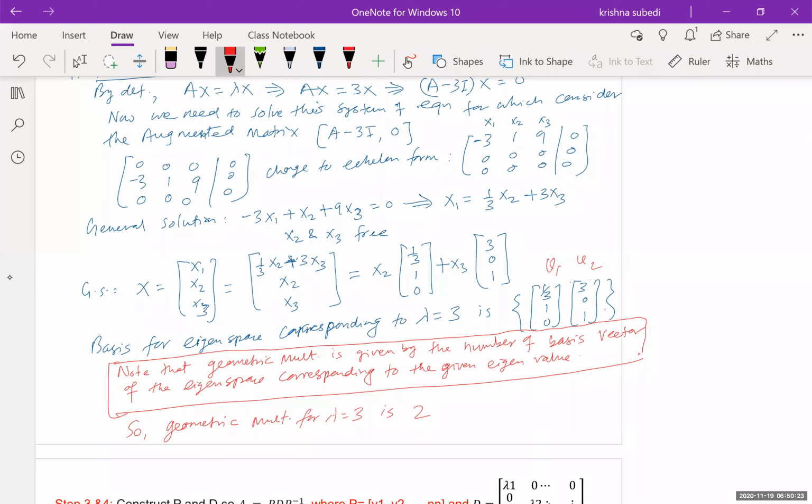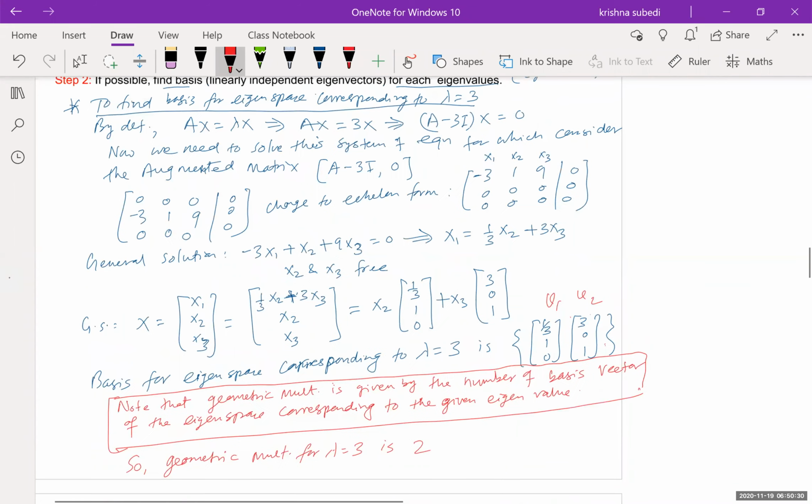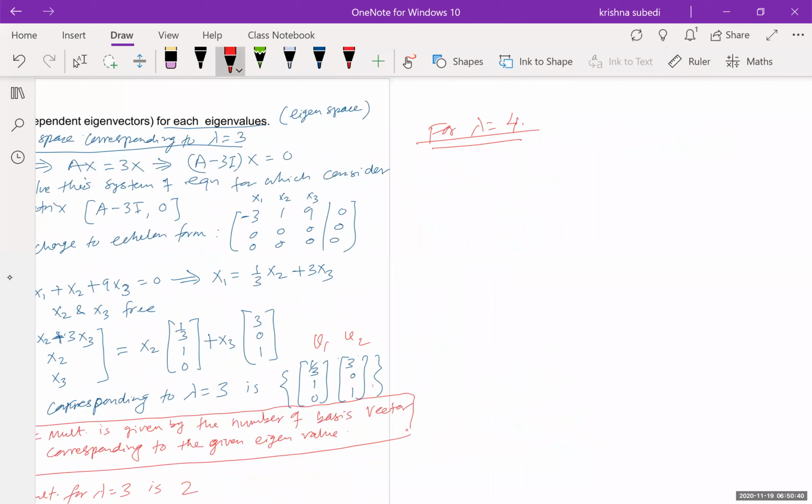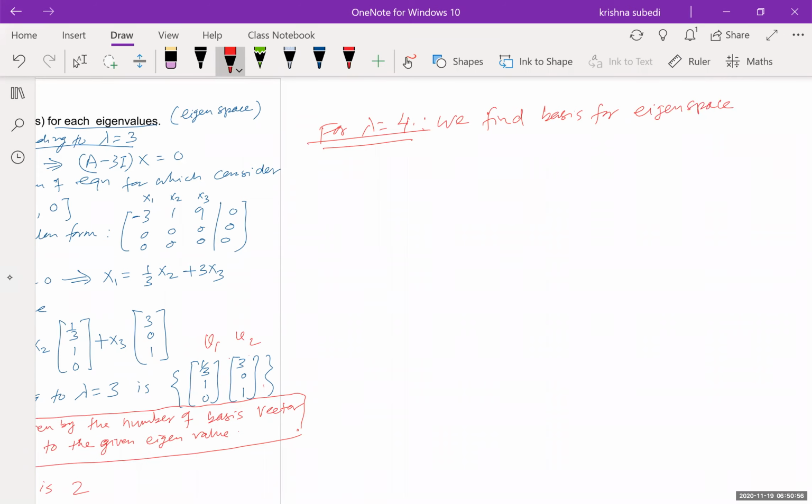Now let's look at the geometric multiplicity, or basis, for lambda equals 4, using the same method. For lambda equals 4, we find a basis for the eigenspace corresponding to 4.